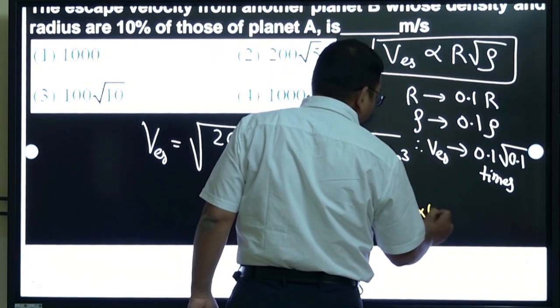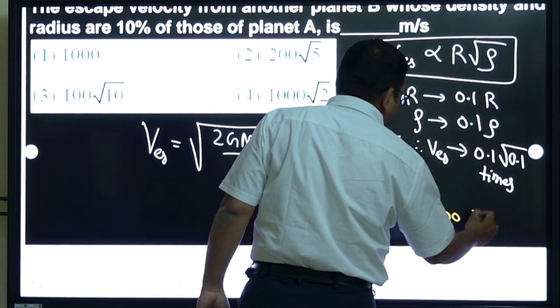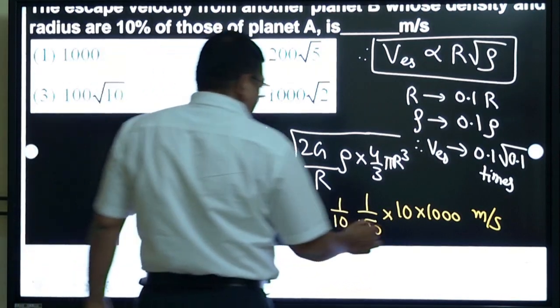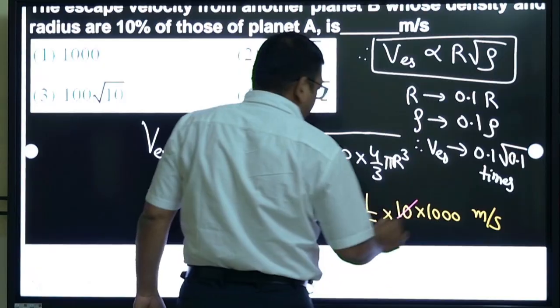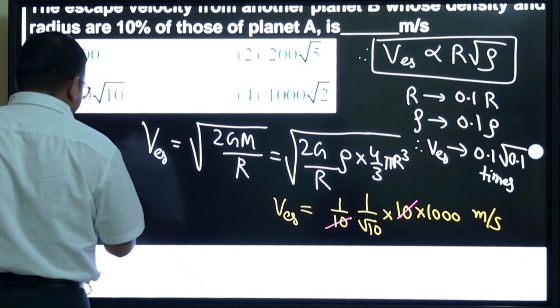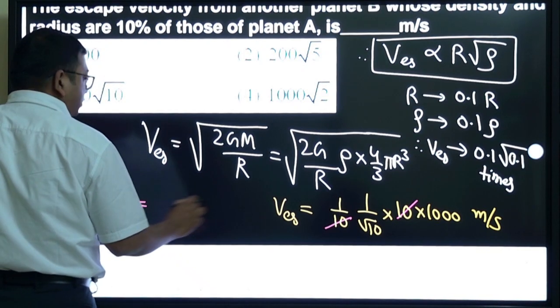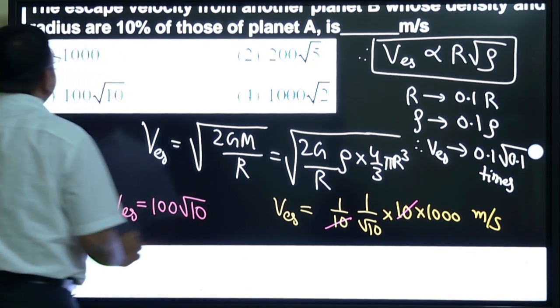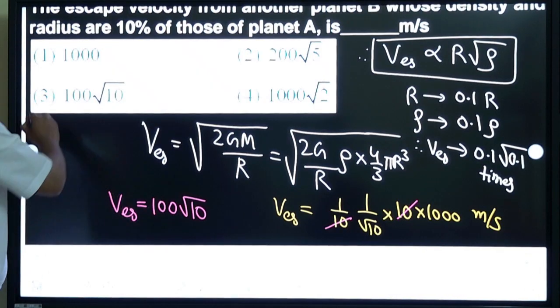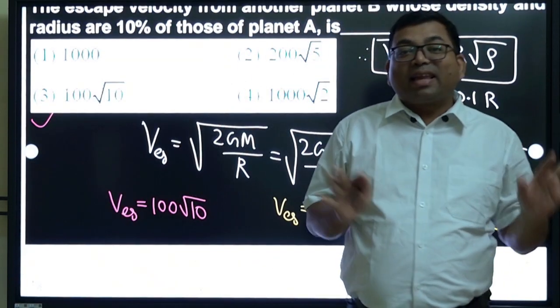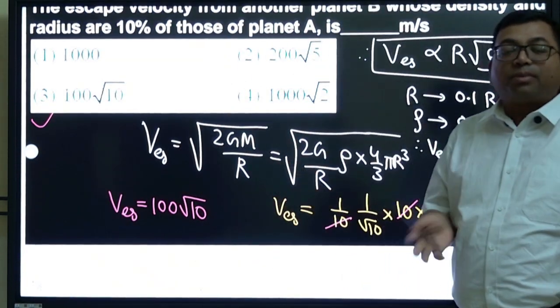Kilometer means 1000 will multiply, right? That will become meter per second. Let us do this calculation. So this 10 we can cancel out definitely. So 1000 by root 10, which we can write as 100 root 10. Clear? Check out the answer, 100 root 10. They did not give it in decimal, otherwise we would have to do the calculation. We can save time because the options are like that.